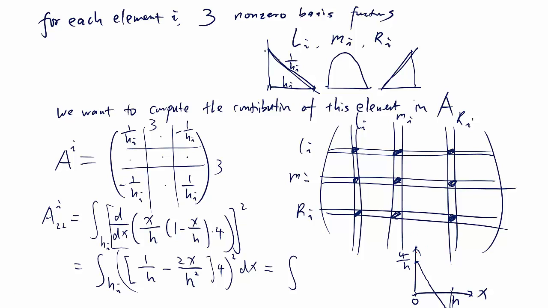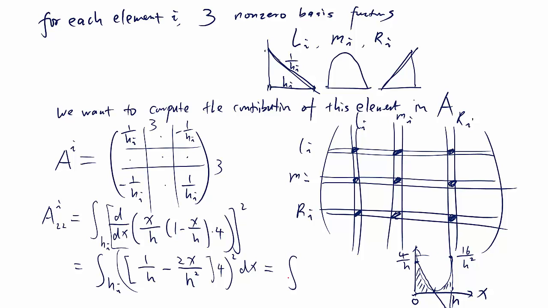The square of that function goes to 0 here, and at the two ends, the square of that function is 16 over h squared. So the area below that parabola is going to be 1/3 of the area of this whole rectangle.